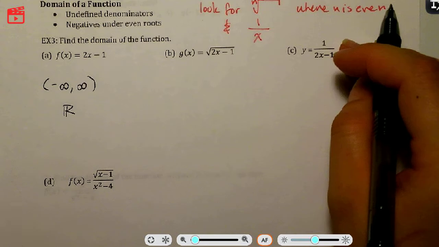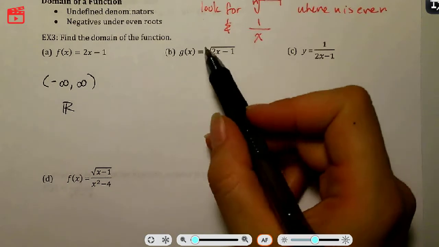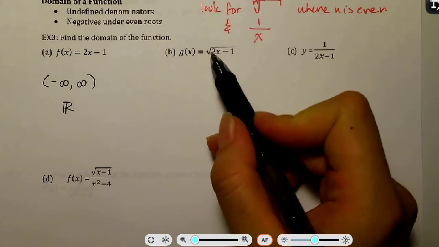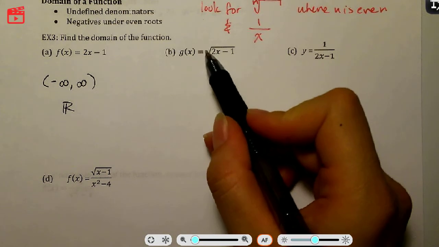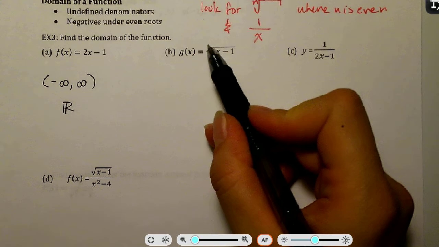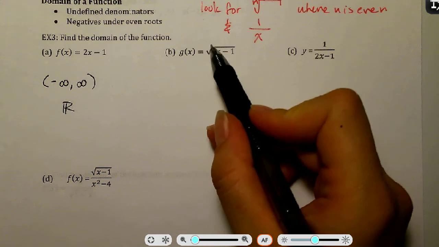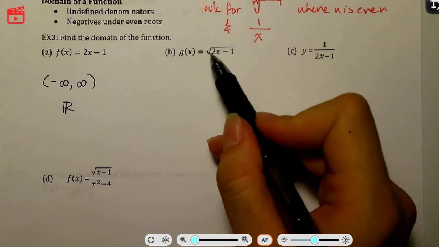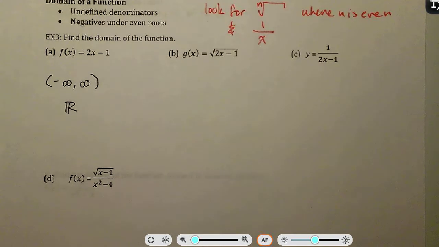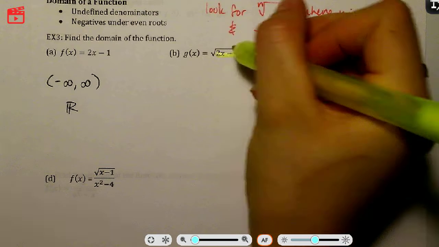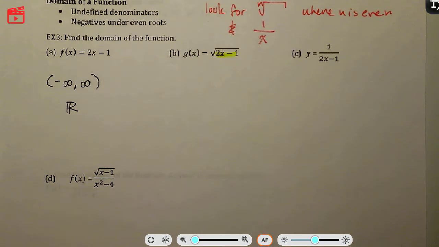Let's look at B. I see the square root there, so that keys me in. I know that square roots have problems. What is the index number here? If we can't see it, remember it's a 2, which means that's even. So I know the values underneath my radical, I can't let that become negative.